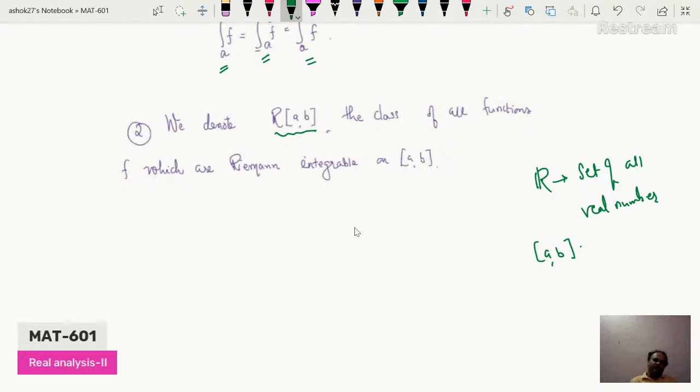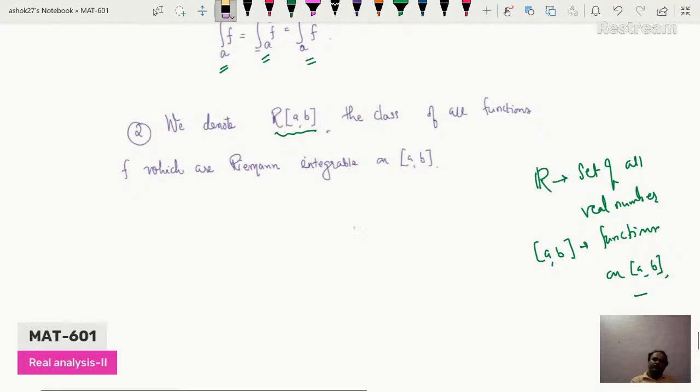It is a class of all functions f which are Riemann integrable on the closed interval [a,b].